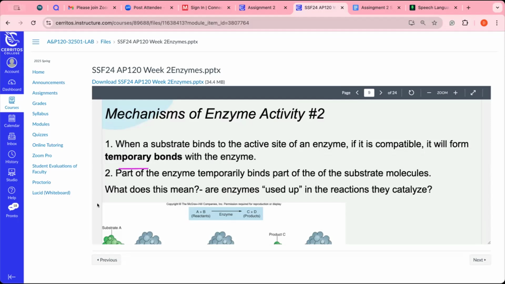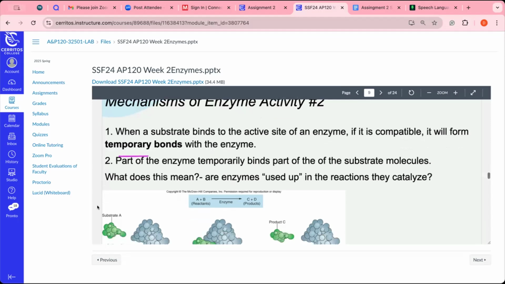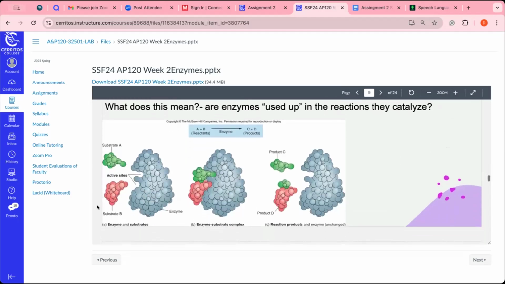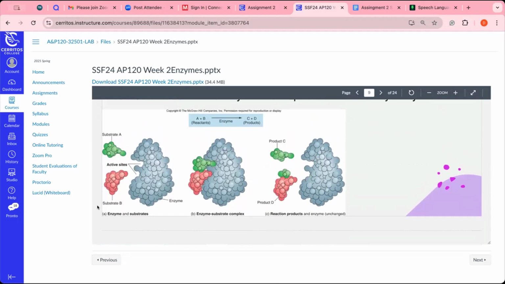So you have substrate A, substrate B, that go into active sites on the enzyme substrate complex, and they produce products.